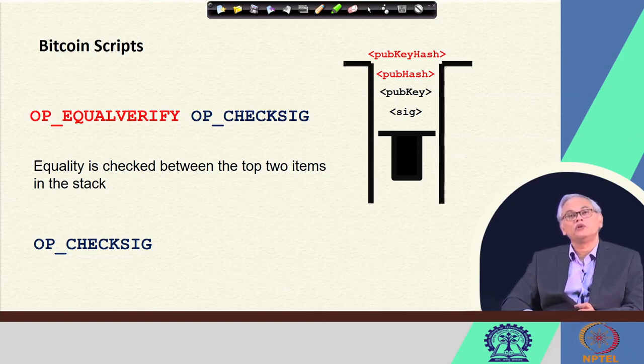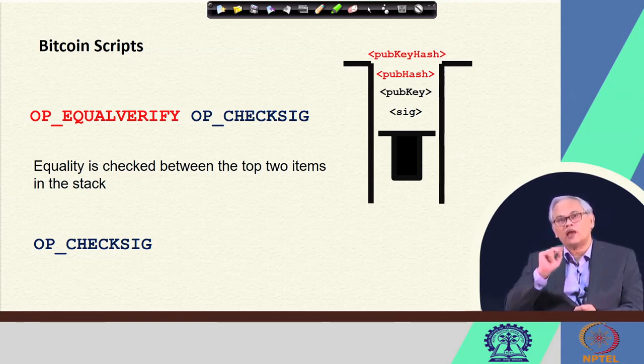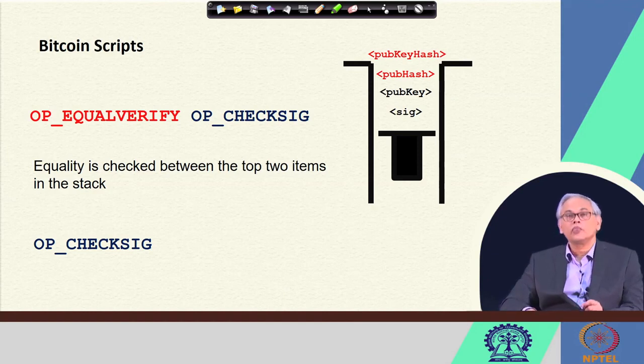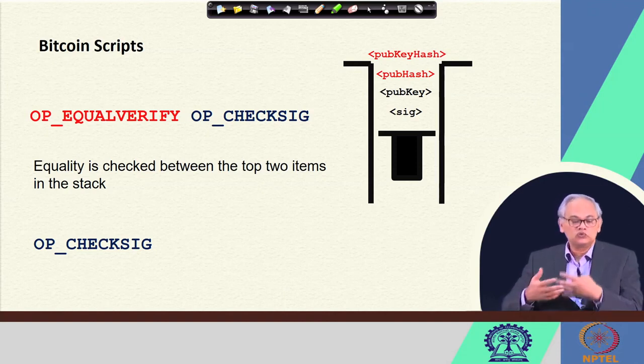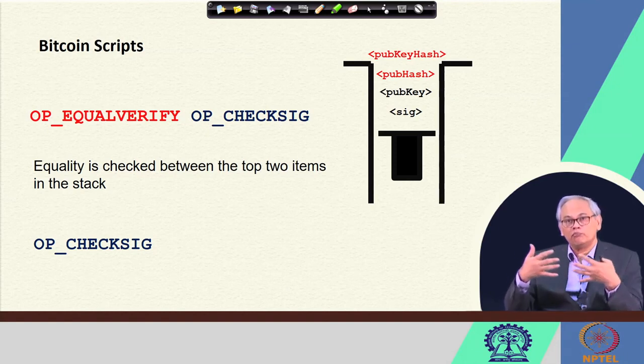What does OP_EQUALVERIFY do? It performs the operation of checking the equality between the top two stack items. So, what are the two top stack items? These are pub hash and the pub key hash. These will be checked, and if they match, then only it will proceed to the next step.